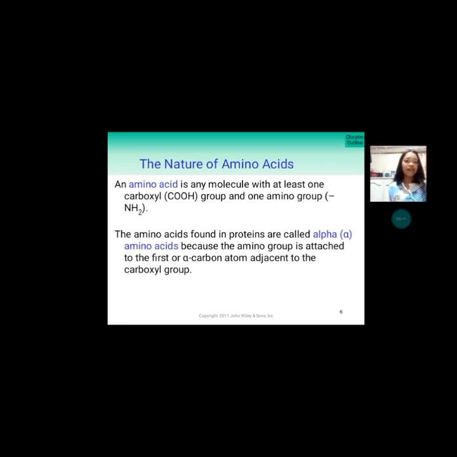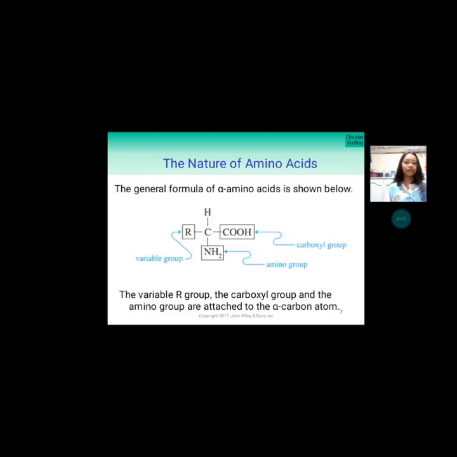The amino acids found in proteins are called alpha amino acids because the amino group is attached to the first or alpha carbon atom adjacent to the carboxyl group. The general formula of an alpha amino acid is shown below. The variable R group, the carboxyl group, and the amino group are attached to the alpha carbon atom.